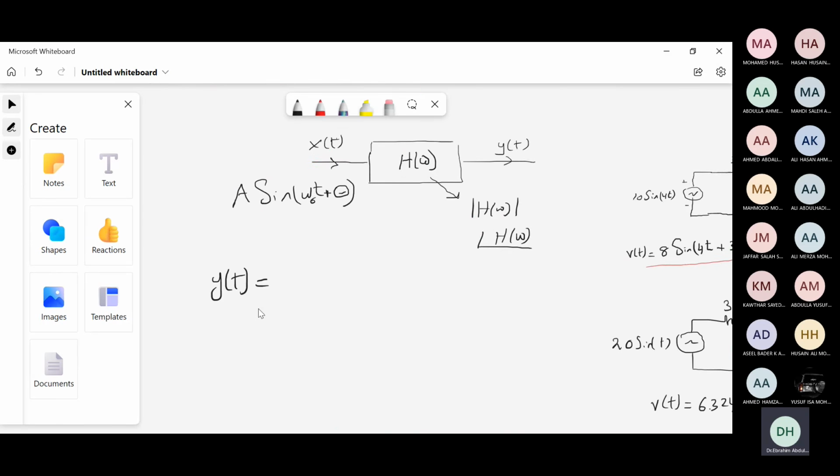Then the output equals the magnitude or amplitude of the input multiplied by the magnitude of h of omega. So it is A multiplied by h of omega.